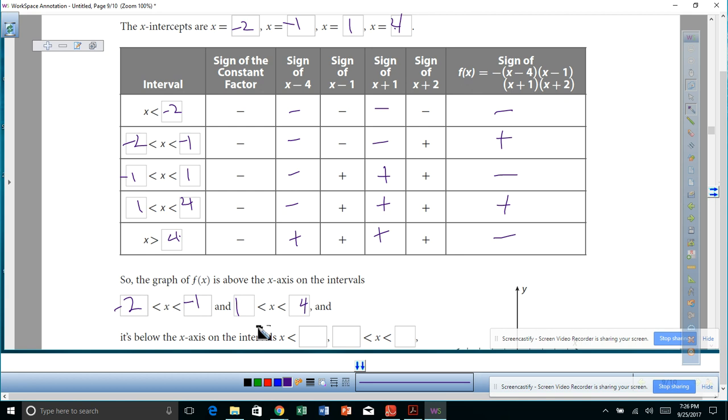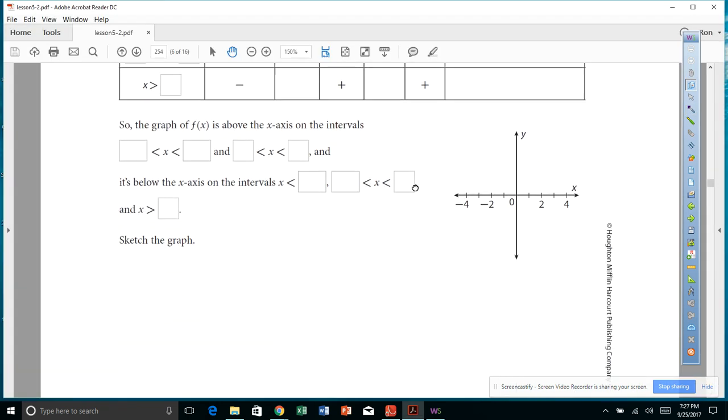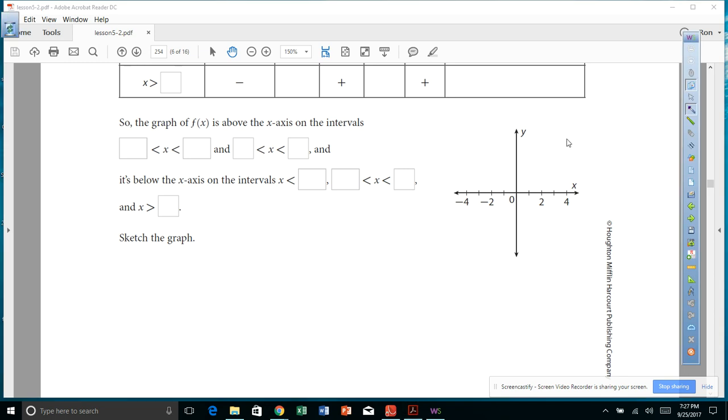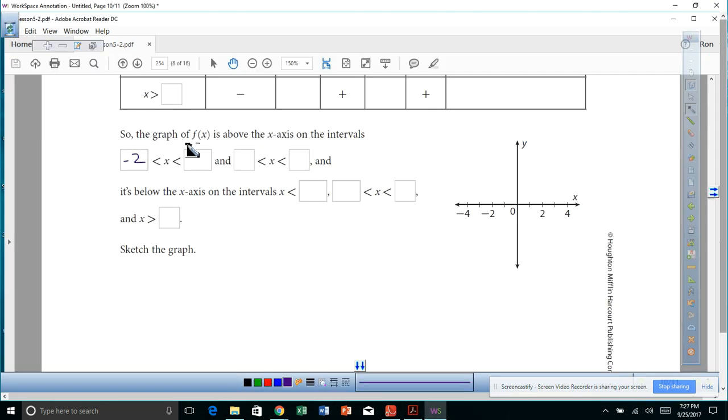It is below the x-axis on the intervals less than negative 2, negative 1 to 1, and greater than 4. I couldn't get it all on there. Okay, so we know the end behavior is down here somewhere.